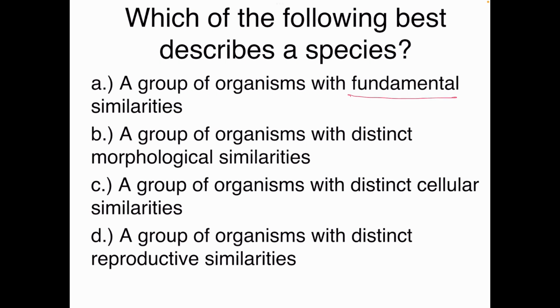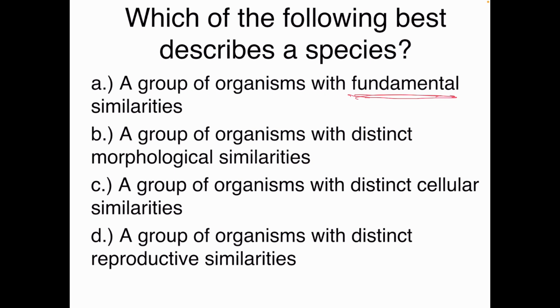The word here is fundamental, and I have also explained it. If you go back and look at my video on species, there I have explained in detail what fundamental similarities means. Putting it in short, fundamental similarities means that the organisms should have a few things that exist in all organisms of that species.